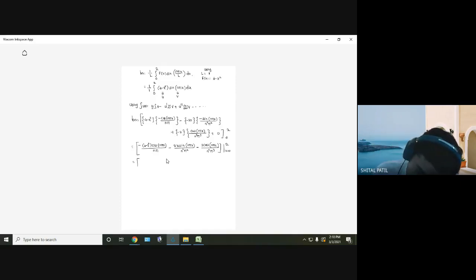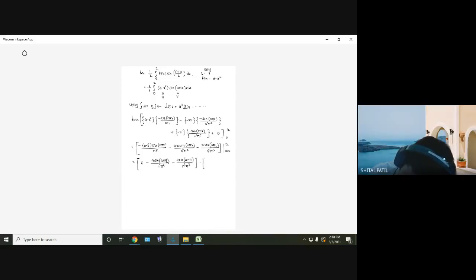Okay, so upper limit x equal to 2: 4 minus 4, minus 4 sine of 2 n pi divided by n square pi square, minus of 2 cos of 2 n pi divided by n cube pi cube, absolutely.